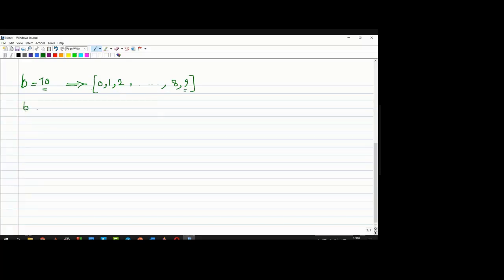For the system in the base of 8, what about this one? According to this system, generally we can say that we can represent this number like that. If b is 10, it means that the last digit is 10 minus 1, 9. For b equal to 8, we have 0, 1, 2, up to 7.